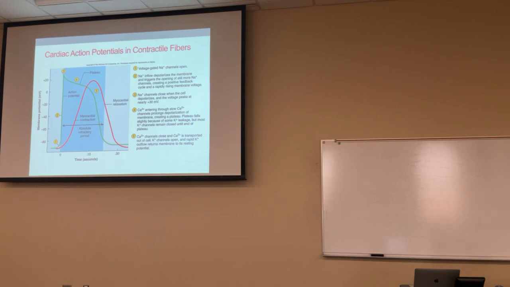Those sodium channels start opening very quickly. That results in a very rapid depolarization. Just kind of like the depolarization phase of neurons or skeletal muscle fibers. Once the membrane has depolarized, then the slow calcium channels start opening. Now the slow calcium channels not only open slowly, they also close very slowly.